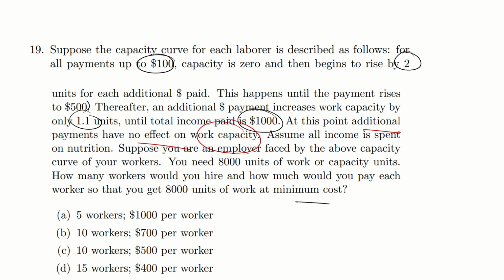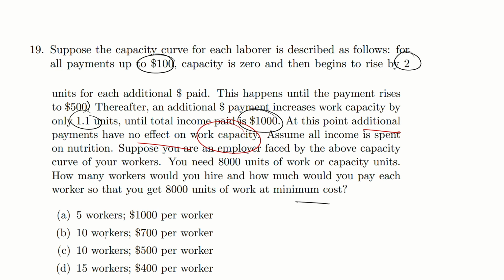The main focus is that you just have to focus on the minimum cost and you will get the 8000 of capacity work. So what would be the minimum cost out of these four options? Okay, guys.